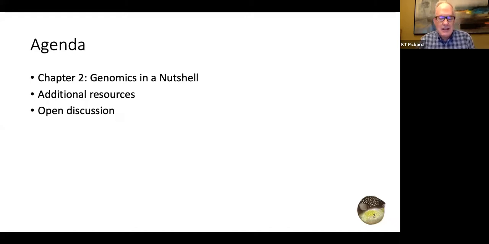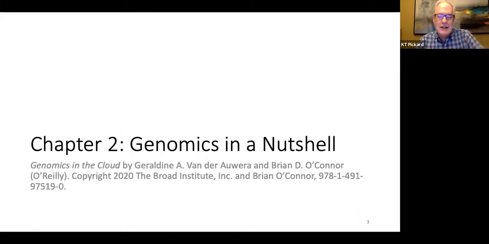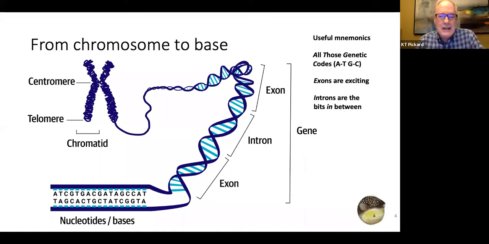Okay, so there's a lot that we move through in the book quickly in chapter 2, Genomics in a Nutshell. We kind of eliminate a lot of the preliminaries around cell biology and specifically around the cell cycle.